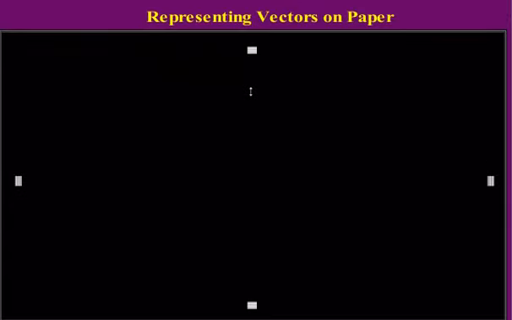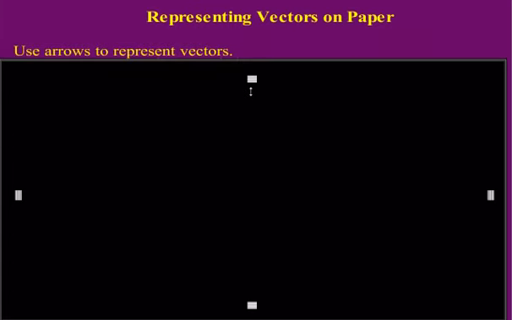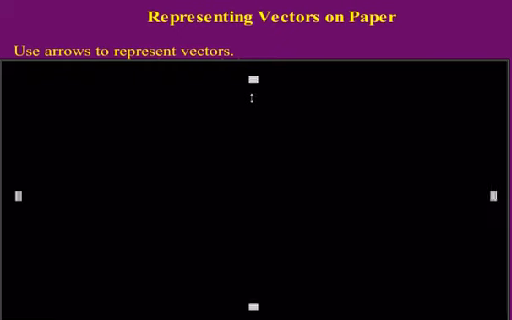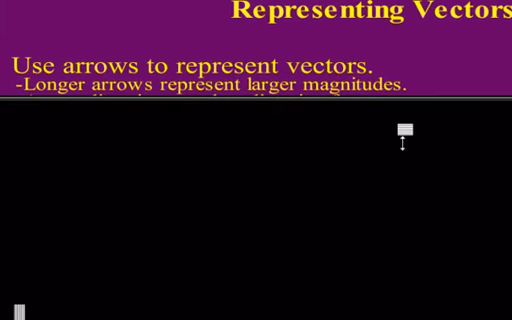When working with vectors, especially on paper like you will, it's helpful to have a certain tool. It's going to make working with vectors a lot easier, and that tool is the arrow. We're going to use arrows to represent vectors. Arrows have magnitude, and we can just use the length of the arrow to represent the magnitude of a vector.